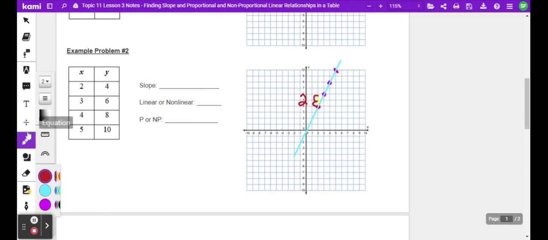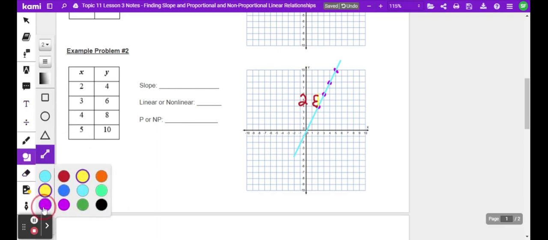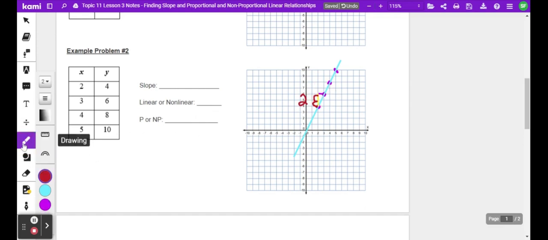I'm going to draw my horizontal change in purple. Again, a little snug there, but you can see that that is 1 jump. Remember, slope is vertical change over horizontal change, so that would be the yellow line, which is 2 over the purple line, which is 1, and 2 over 1 is the same as 2.